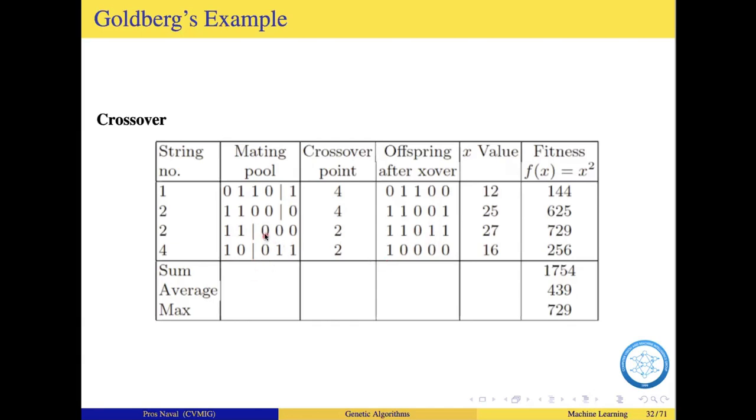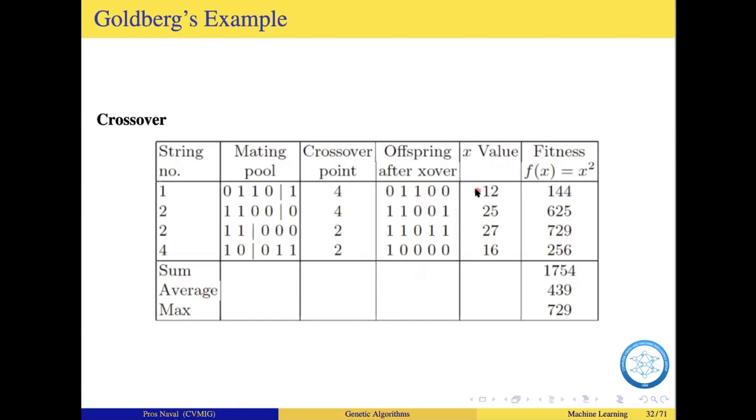Then we also swap the tail end, so this now becomes the tail of the second string, number 4, and this part here becomes the tail end of string number 3 in the offspring. If you observe, these two are actually the same here in this mating pool, but in the next round, after crossover, the offspring will actually be different.